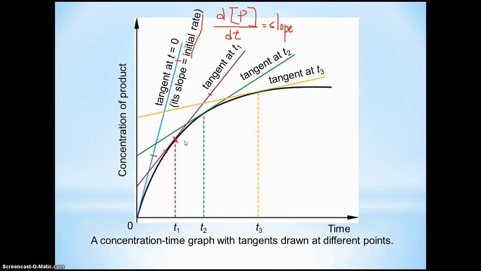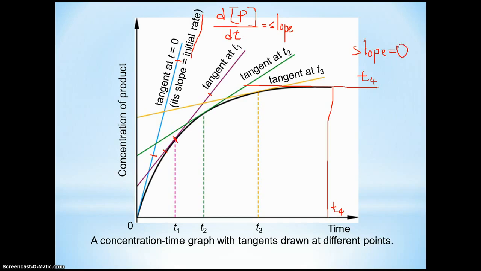At the end, you'll notice the last point. If we draw a last tangent right here, at t4, that means this is already the end of the chemical reaction. When we calculate it, the slope at t4 will become 0.